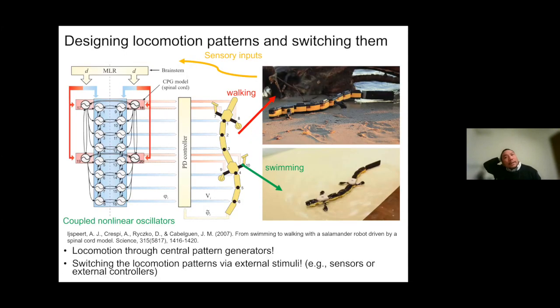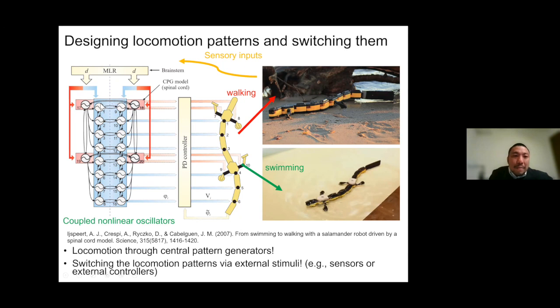The second example is a closed loop. This is a famous example from Auke Ijspeert's team. We use these nonlinear oscillators to design the locomotion pattern of bio-inspired robots. In this case, we are showing salamander robots. For example, walking behavior and swimming behavior are controlled by these kinds of nonlinear oscillators.